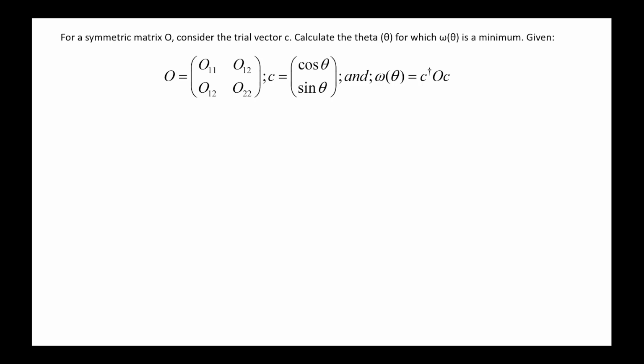That you take any trial function, and the proof was very simple. You don't know the exact solution, but it was shown that the expectation value of your trial function is always greater than your ground state energy. So that's actually different.